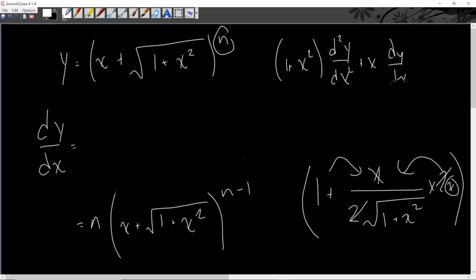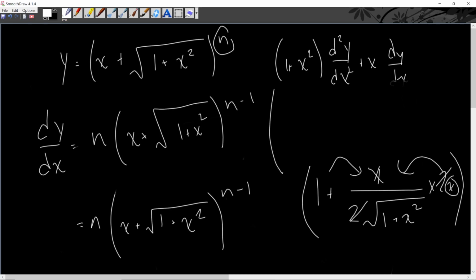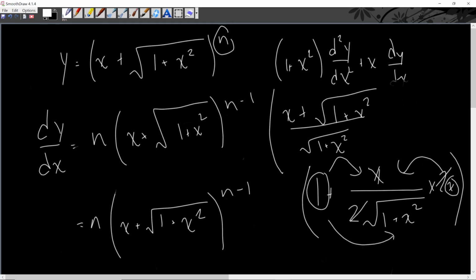But we have dy dx is equal to n times x plus root 1 plus x squared, n minus 1, times x plus square root of 1 plus x squared, all over square root of 1 plus x squared. All right, great. Yeah, I just made this 1 into a term of square root of 1 plus x squared, and then I just kept the x the same.